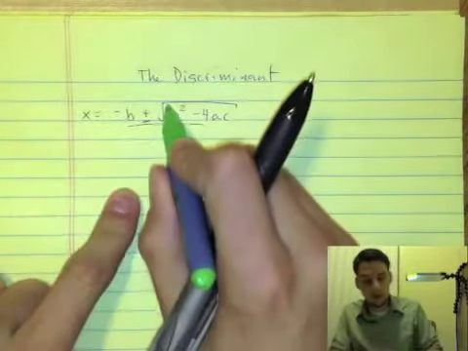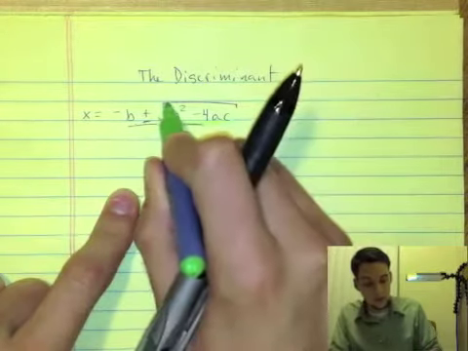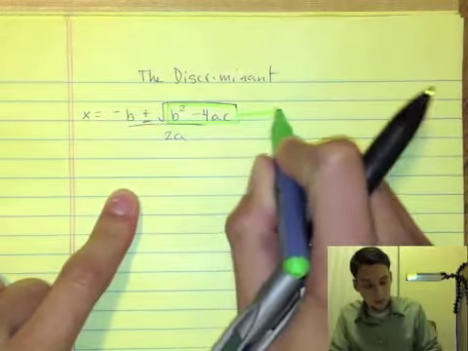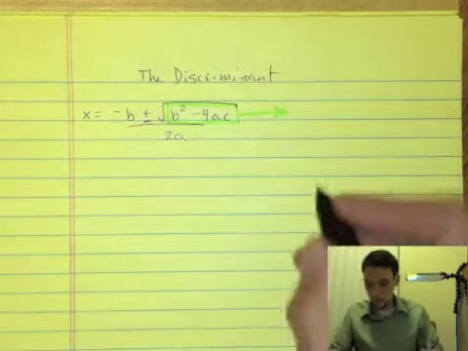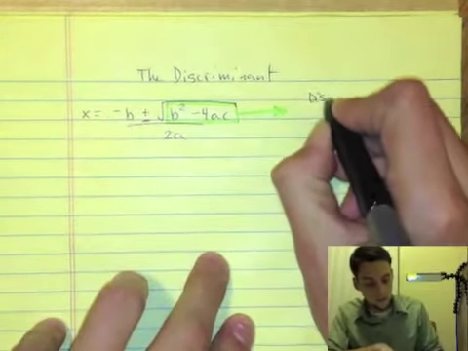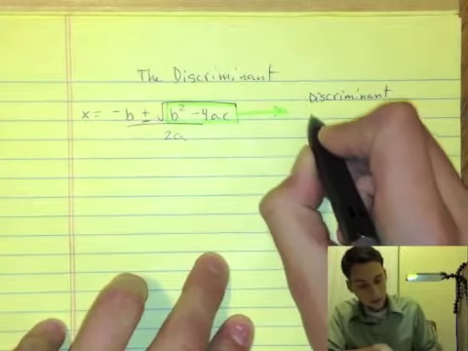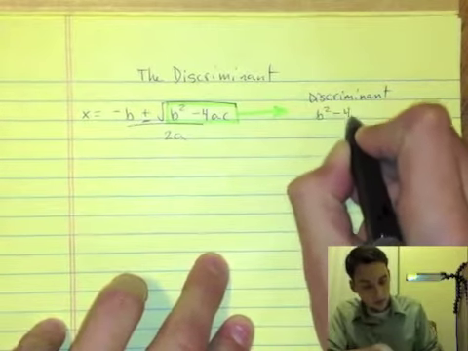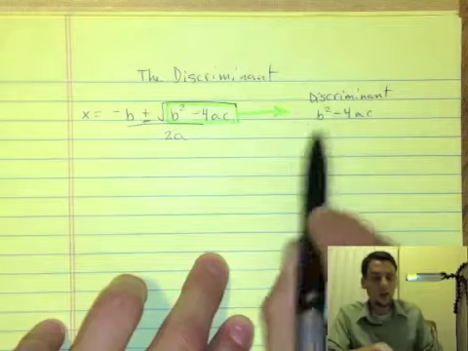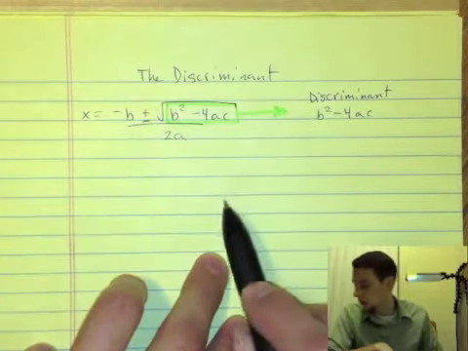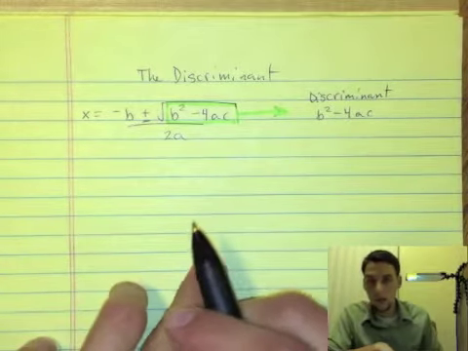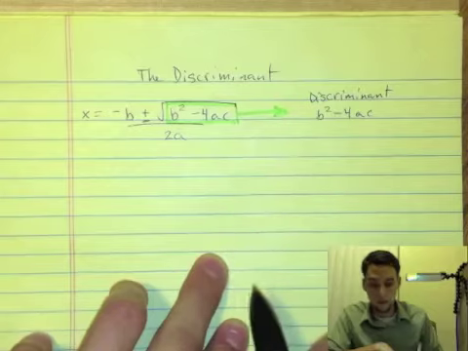And the discriminant is just this inside piece of the square root. So it would be b squared minus 4ac. We call this the discriminant, and it will tell us whether we have the different kinds of roots.